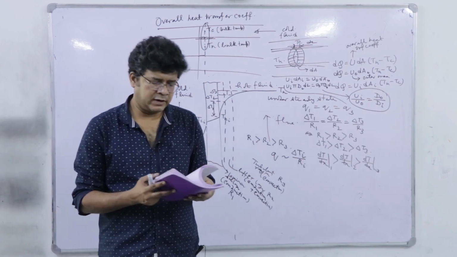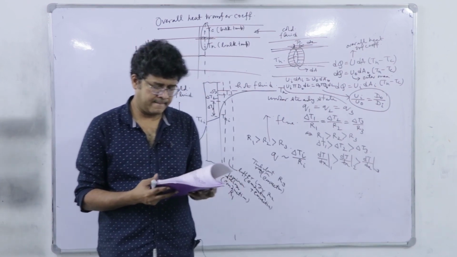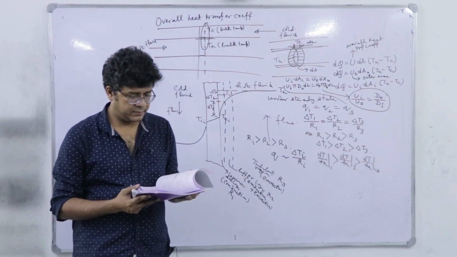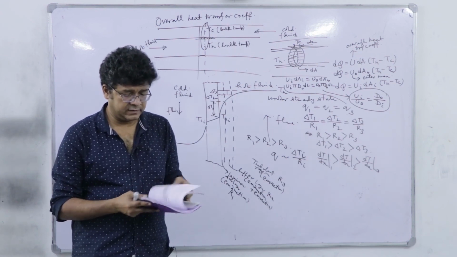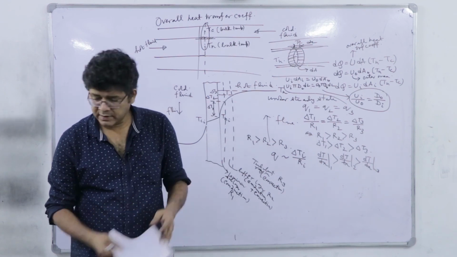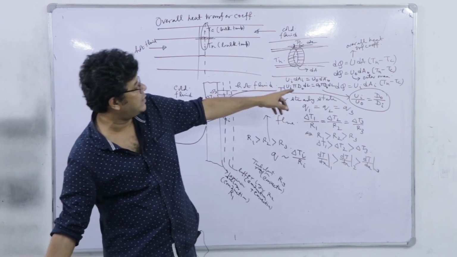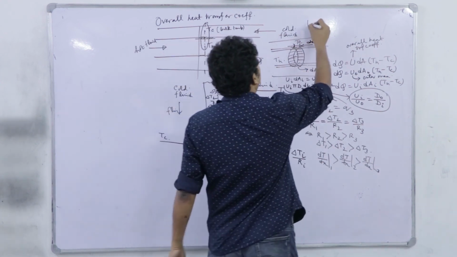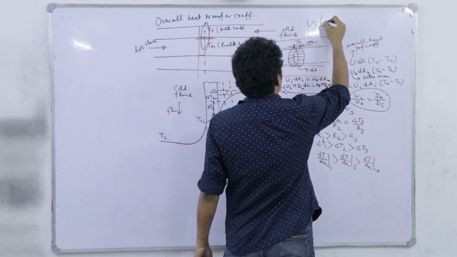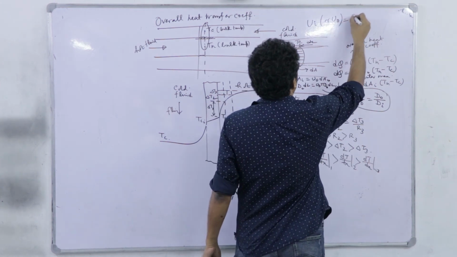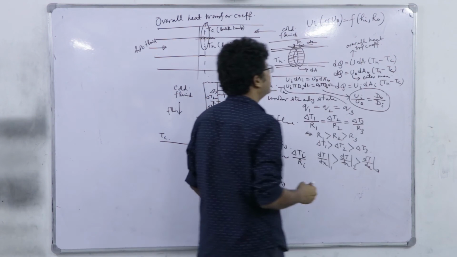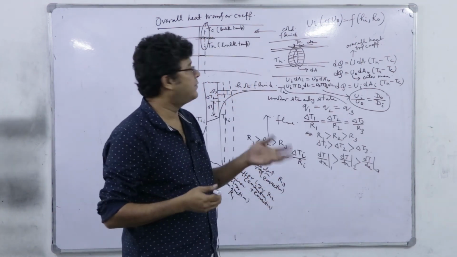So, in the next session we are going to discuss how Ui or Uo, whatever it is, is related. See, Ui or Uo are functions of hi and ho, right. So what is the nature of the functionality?